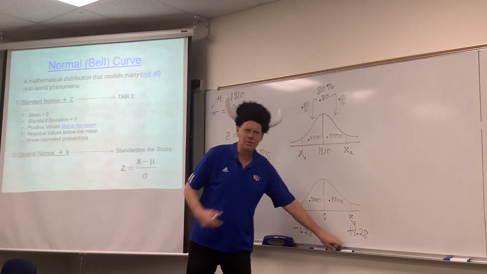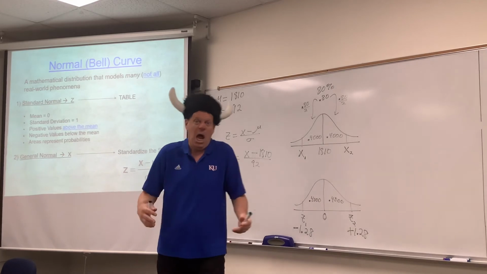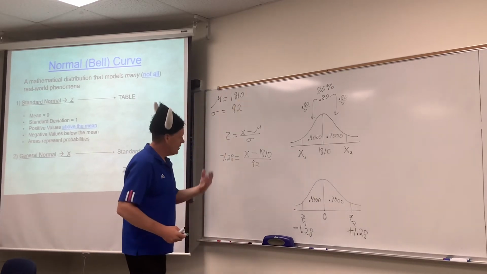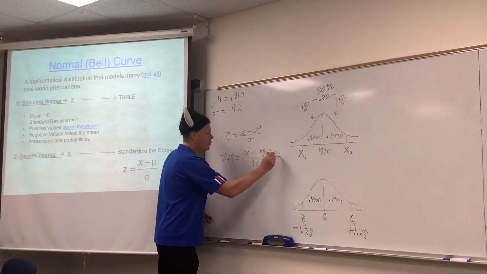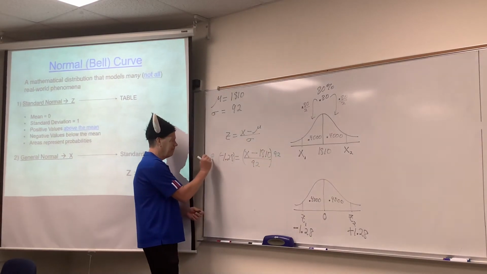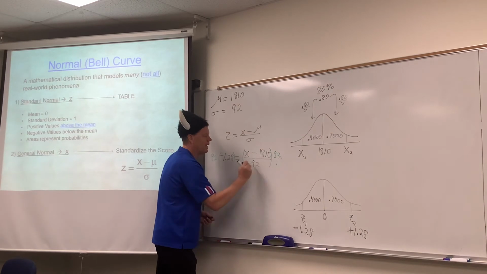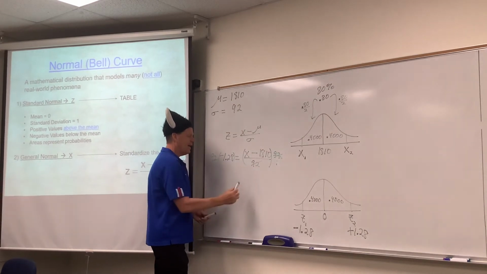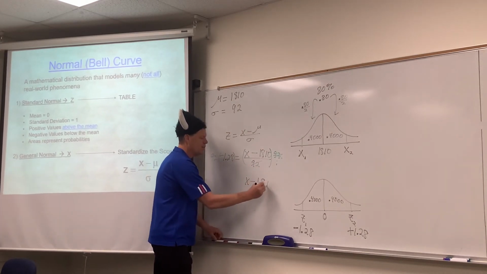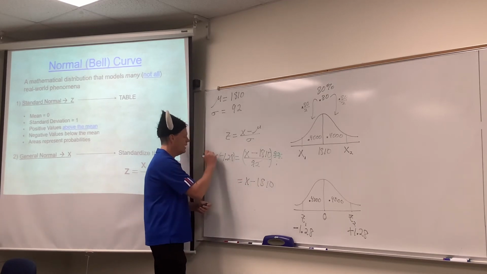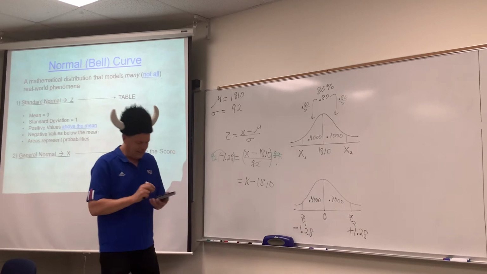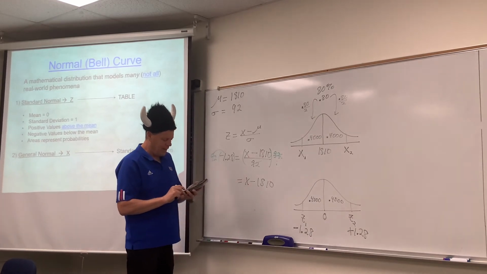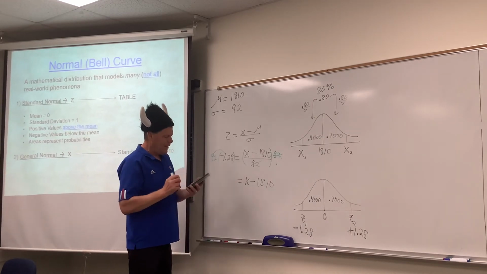And then again, Mr. Snob, I guess, will now say, that's just algebra. So you would multiply both sides by 92 in order to clear the fraction. Over 1. Cancel, cancel. So we have x minus 1810 over here. And over here we take 92 times negative 1.28. And I don't know that one off the top of my head, I'm embarrassed to say.